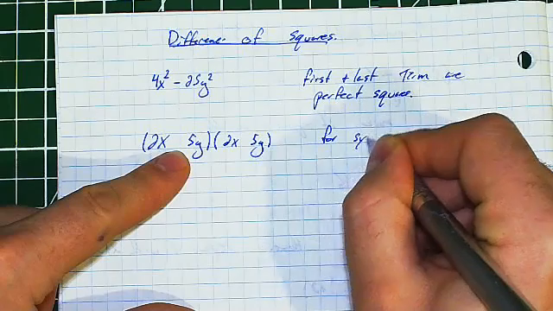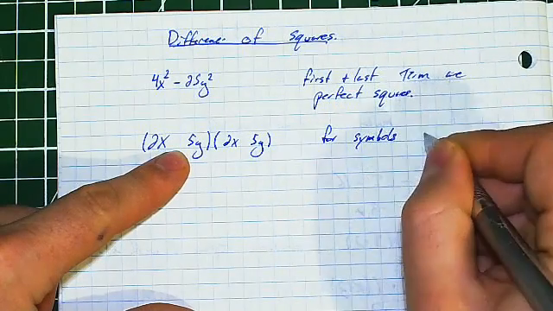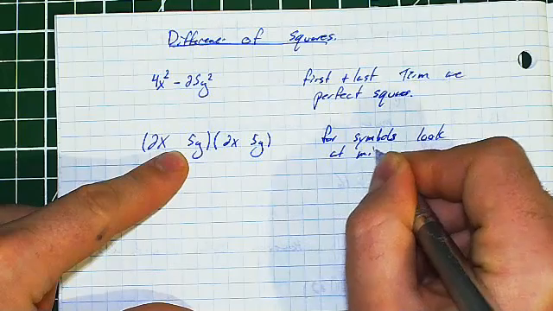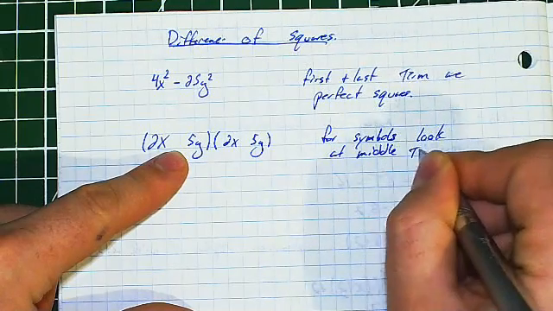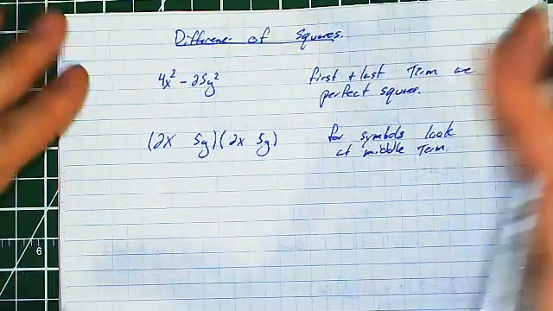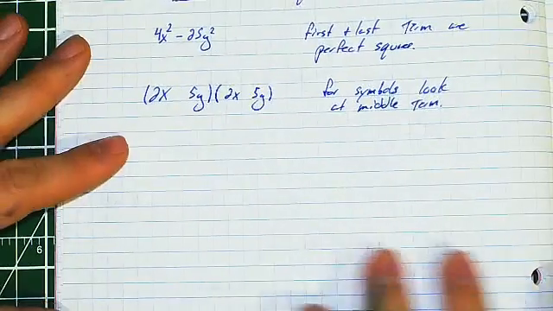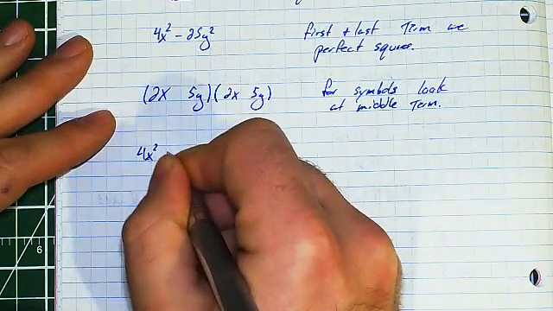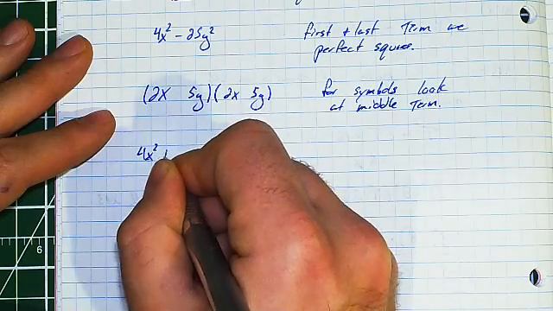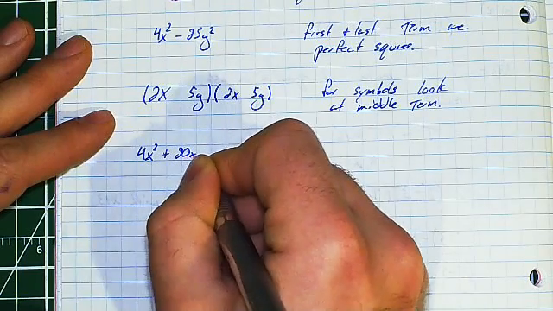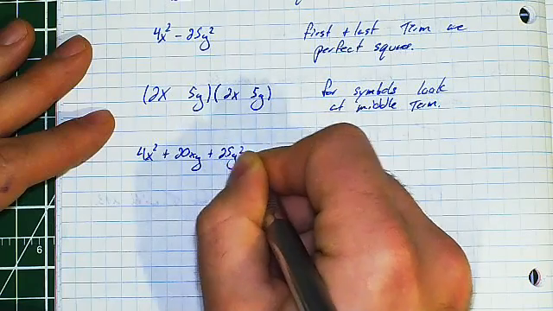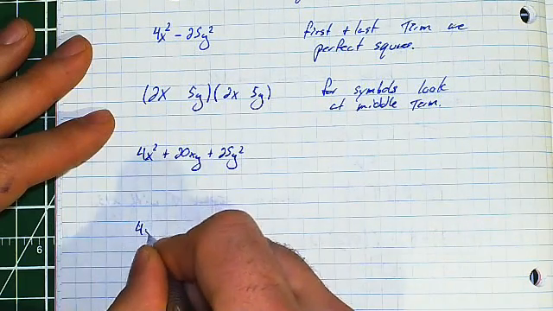So for symbols, we look at our middle term. Before we do that, I'll give you the other two possibilities we could have. We could have 4x squared plus 20xy plus 25y squared.